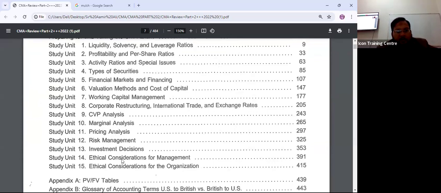The rest of the things have been covered. We have done valuation methods and cost of capital, expected rate of return and everything. So only 3 chapters are remaining. Chapter number 8, you can study on your own. By the end of June, inshallah, we will cover it.